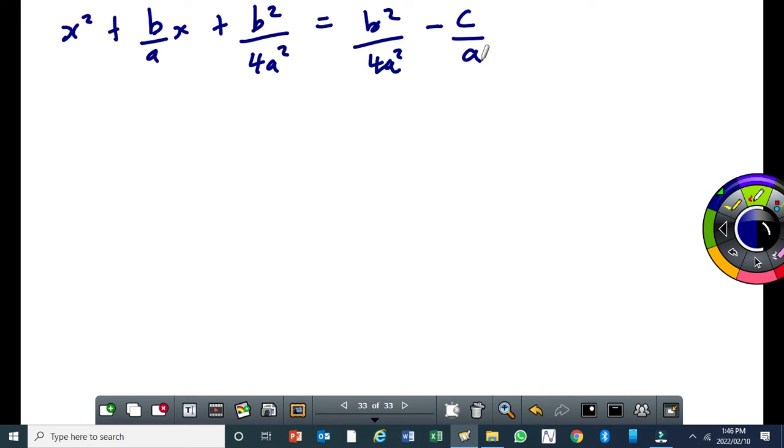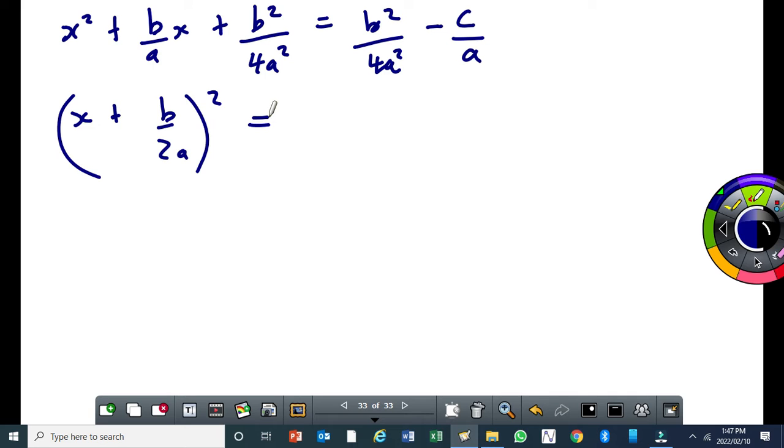Right? Like that. So on the left hand side, obviously I'll get x plus b over 2a squared. Right? Remember, the second term is half of the coefficient of the middle term of the original quadratic equation. Then on the right hand side, I need to find the LCD of that denominator. Okay?